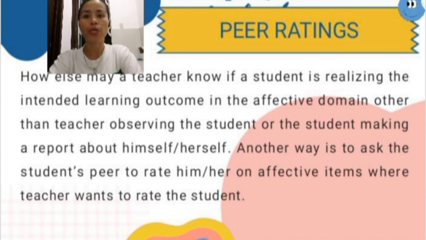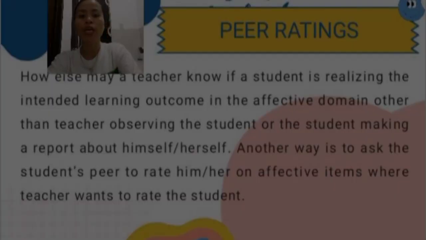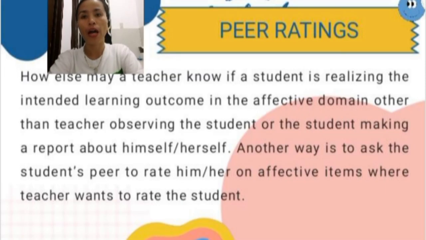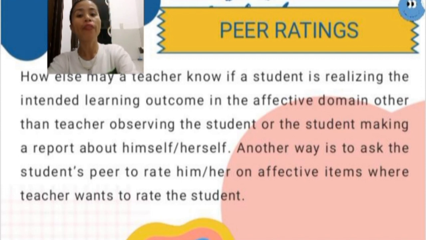In peer ratings, the students rate their peer or classmate. Sometimes there is bias, because if the peer is a friend, of course they will give a good rating, but if it is a person they do not like, they will give a bad grade.